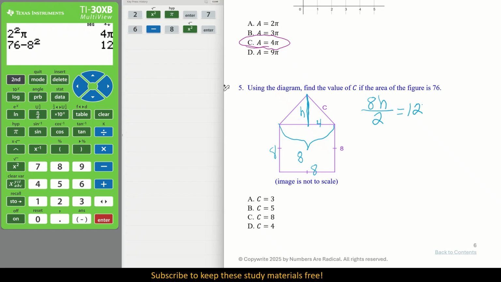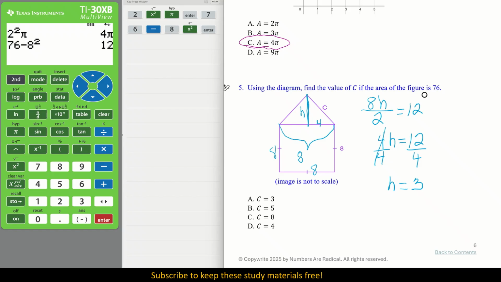Well, 8 divided by 2 gives me 4h, with 12 divided by 4 on both sides. Oh, sorry about that. Let me make it a little bit clearer. This is gone, so h equals 3. Okay, so my height is 3.